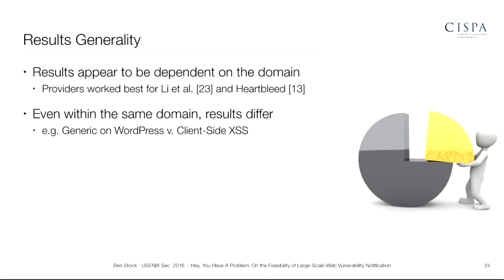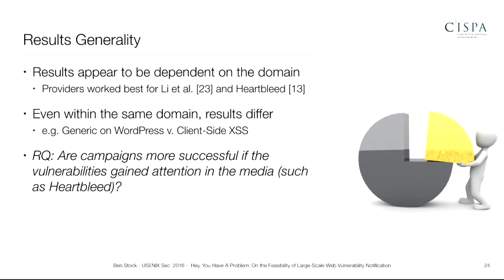But also, interestingly, even within the same application domain, that is web application issues, we found that the results differ. So the generic channel performed really badly on WordPress, but it actually performed reasonably well for these higher-ranked client-side cross-site scripting domains. So this is definitely an interesting fact as well. Out of this, I want to ask two questions. On the one hand, are campaigns more successful if the vulnerabilities gain media attention, such as Heartbleed or also just recently Drown?